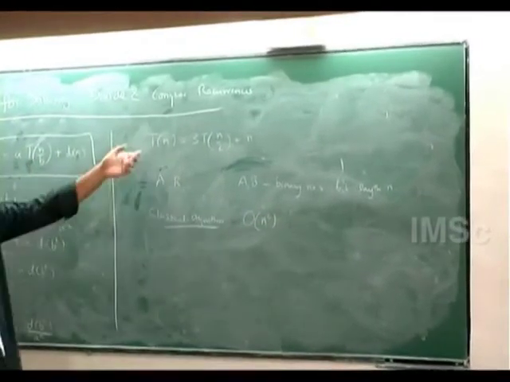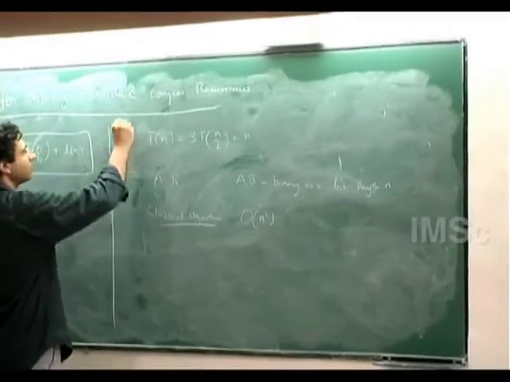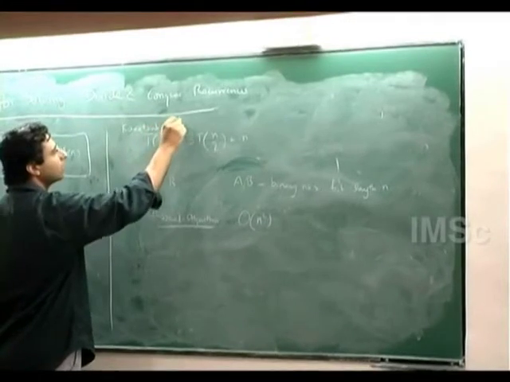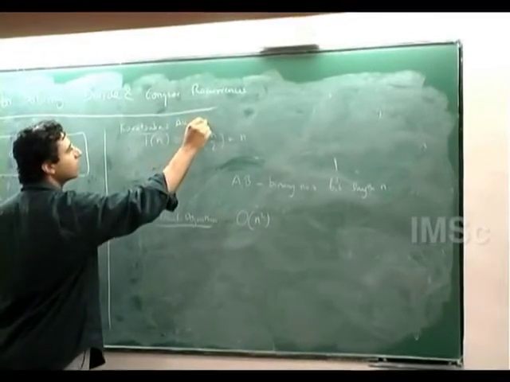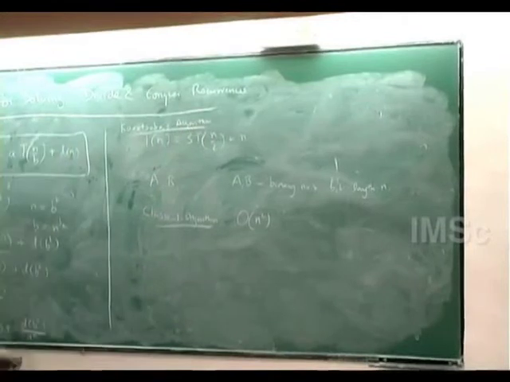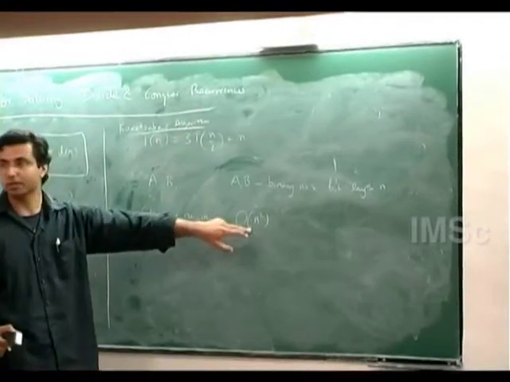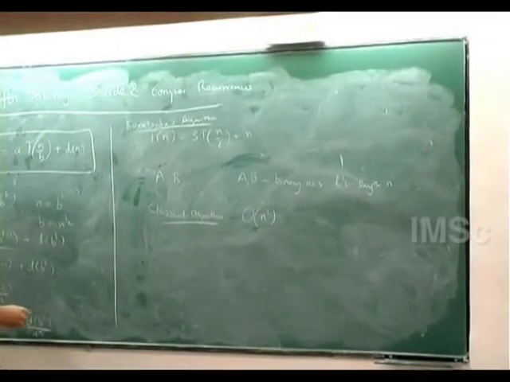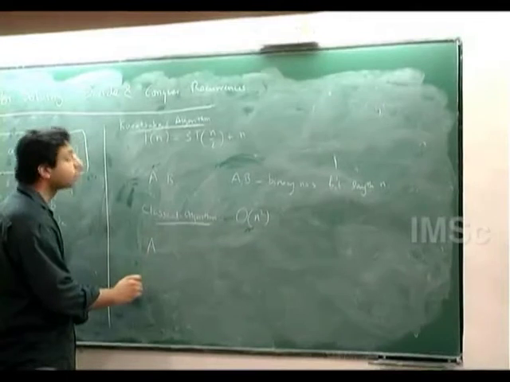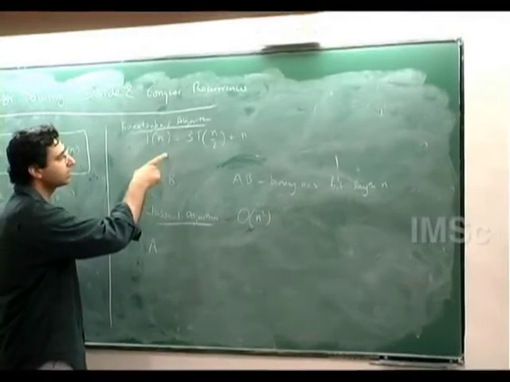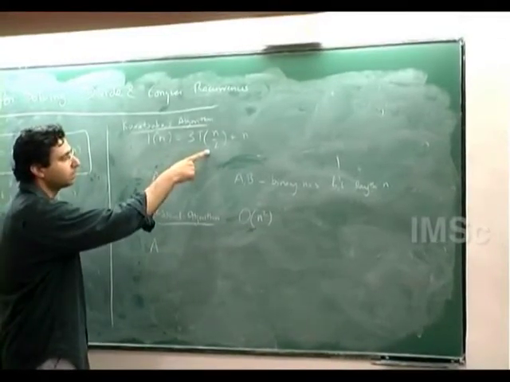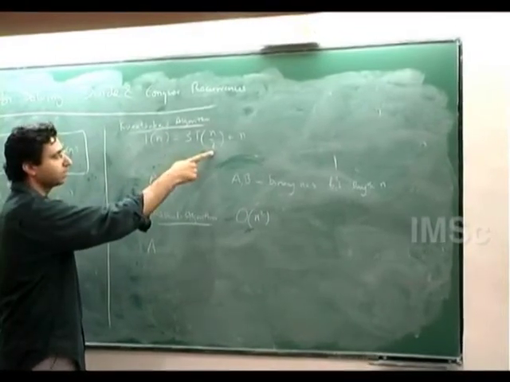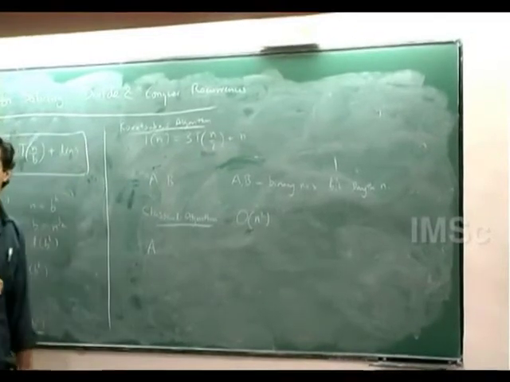And the claim is this algorithm of Karatsuba gives us a better running time than quadratic, better than n square. So what is the idea there? Roughly, from this recursion I have to do 3 multiplications of size n by 2 on numbers of bit length n by 2, and then some linear operations.